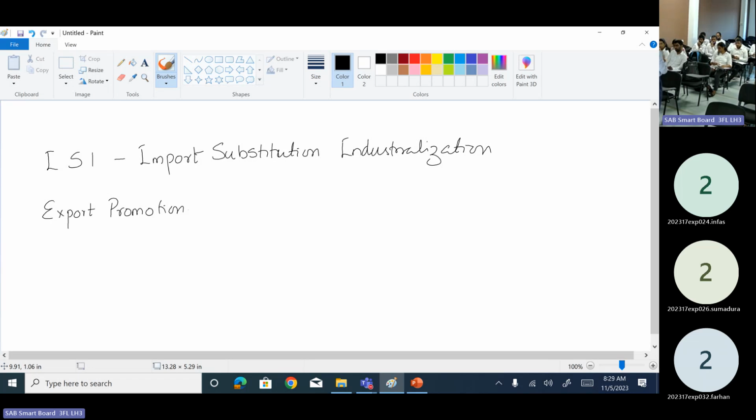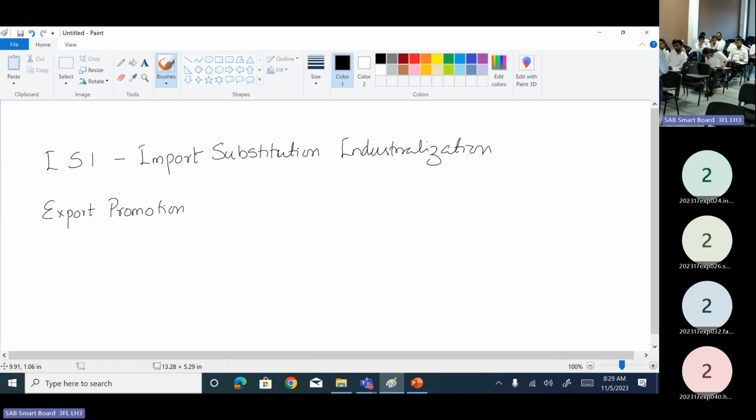So they opened up the economy, an open economic policy. They call it reforms, structural adjustment policies, with the IMF and the World Bank. Those international monetary organizations also promoted those strategies, especially the liberalization policy.